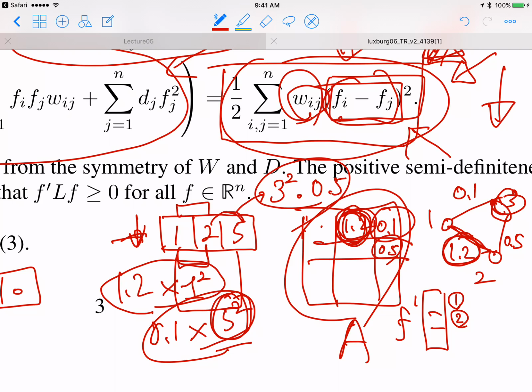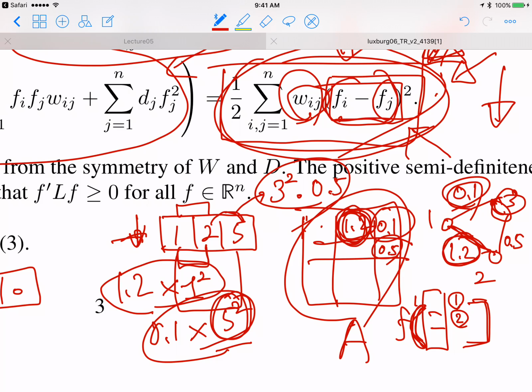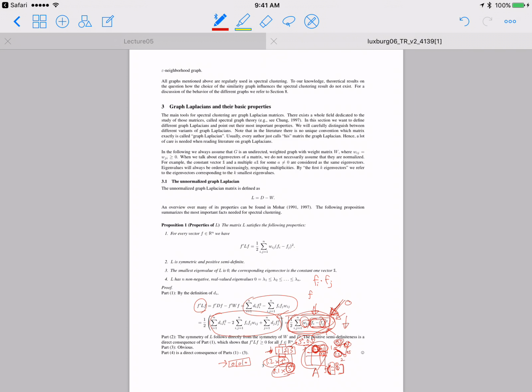At the same time, between 1 and 3, since the edge weight is not that big, we are okay with a relatively large difference between these two. So if we minimize this by carefully choosing the vector f, then this vector f will be driven by the patterns in your edge weights. This is one of the key points.